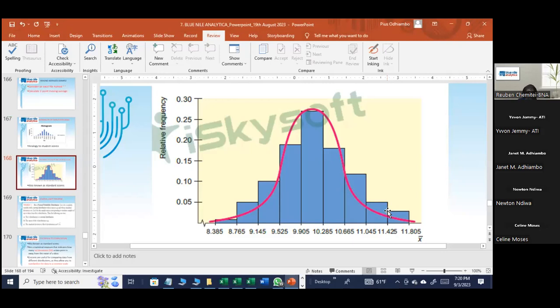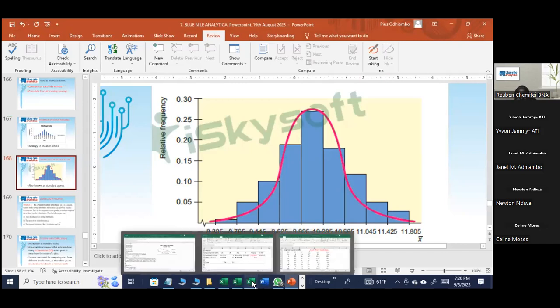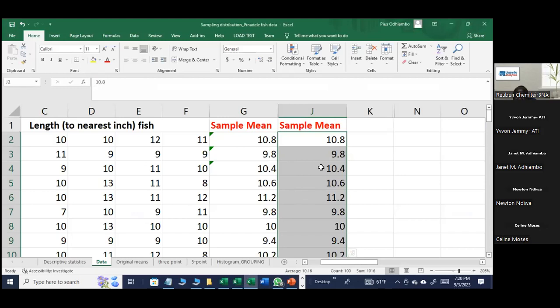I want to check for normality of data in my data set, and I'm using this data set here to do that. So what I do, I select the data first, right? Once I select the data, I will use again the data analysis tool.